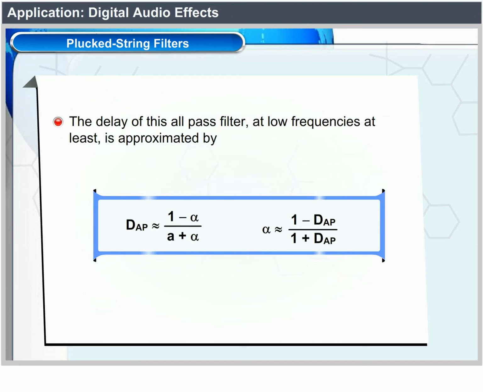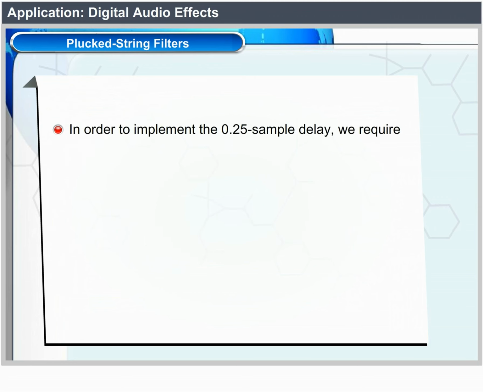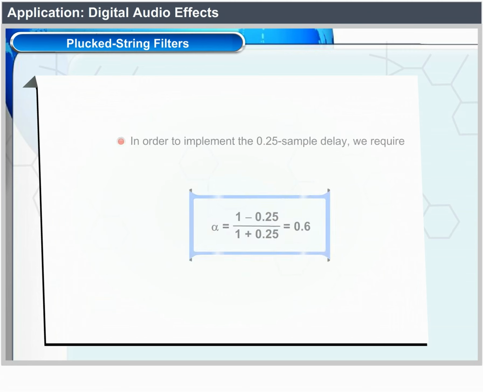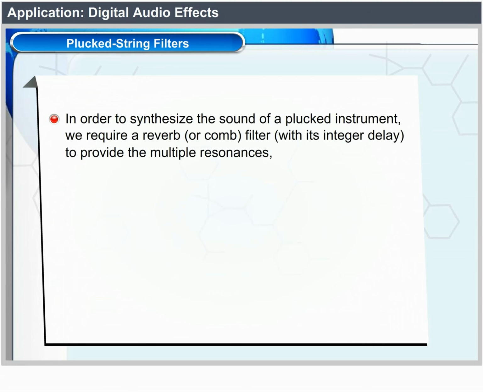Alpha ≈ (1 - D_AP)/(1 + D_AP). In order to implement the 0.25 sample delay, we require alpha = (1 - 0.25)/(1 + 0.25) = 0.6.